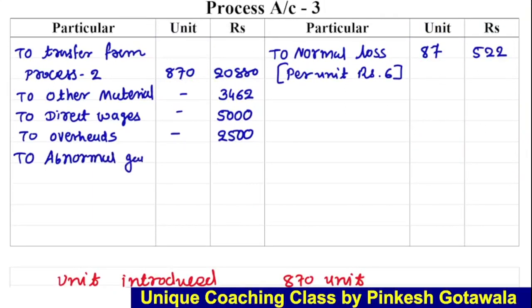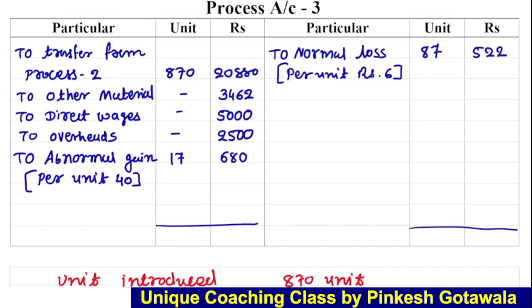Abnormal gain 70 units, per unit 40, so it will be 680. Now let's close this.